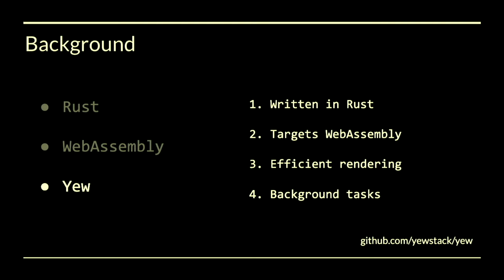It finds the minimum difference, say everything's the same except for that one piece of information, and makes that change. So it's quite efficient that way. It also makes it really easy to do intense processes in the background. On browsers, you have web workers, and Yew makes it very easy to send these tasks to the background.